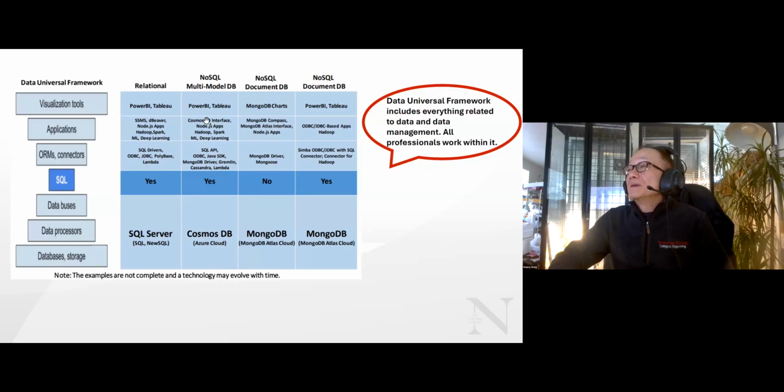The second column is about the cloud database, Cosmos DB in Azure. The very last column is MongoDB Atlas together with the SQL connector, such as Simba, ODBC, JDBC with SQL connector. We can implement a tool and this connector with the MongoDB database. Therefore, we can use SQL to manipulate data stored in our MongoDB database.